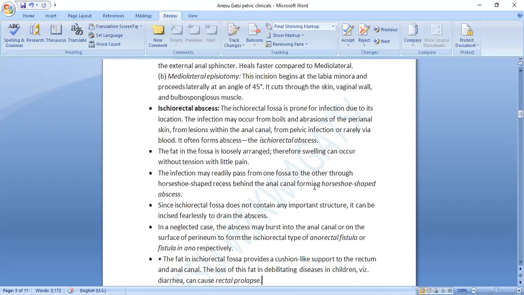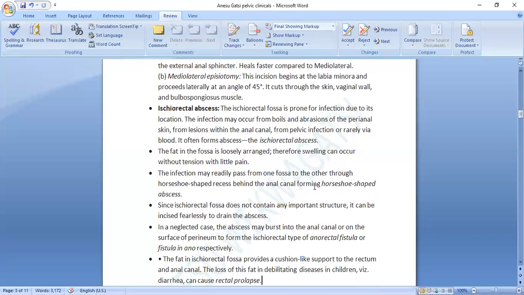By abscess, we're referring to accumulation of pus within a region, that is within tissue. In this ischial fossa abscess, you'd find that there is not much pain associated with it when you compare it to a perianal infection, where the fat in the perianal region is more tightly packed. So even with tension here, there is little swelling because the fat within this fossa is loosely arranged.